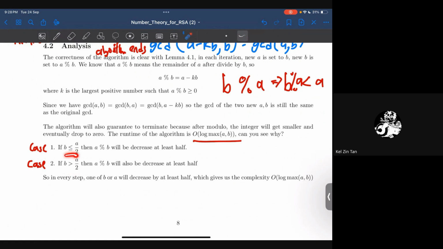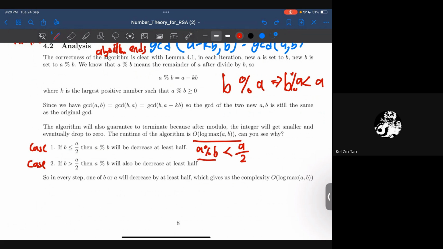If you are smaller, then A modulo B will always be smaller than this thing, so A will be decreased by at least half.